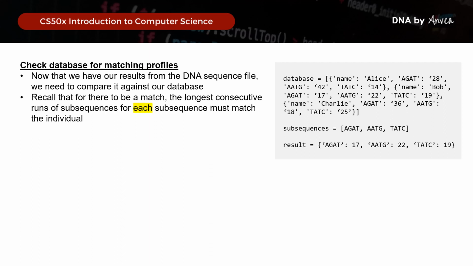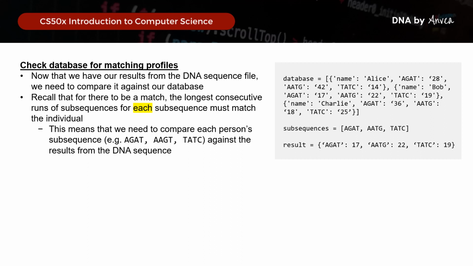Recall that for there to be a match, the longest consecutive runs of subsequences for each subsequence must match the individual. So we need to compare each person's subsequences, which are AGAT, AAGT, and TATC, against the results from the DNA sequence, where the STR counts of all subsequences must perfectly match the individual for us to say there's a DNA profile match.